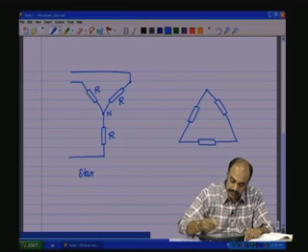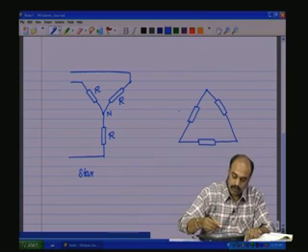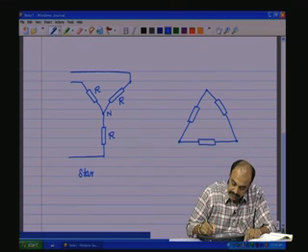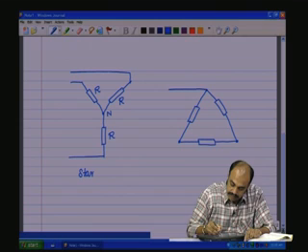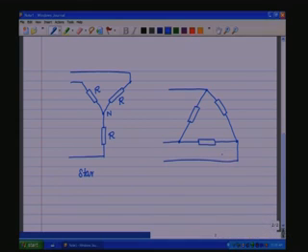The one end is connected to the other end, the other end of the other load is connected to the next component, and so on, which forms a kind of a ring or a delta as shown. And these points are brought out and connected to the sources. So, this is the delta circuit. Now, these two circuits have different voltage and current relationships, which we shall discuss in this coming class.